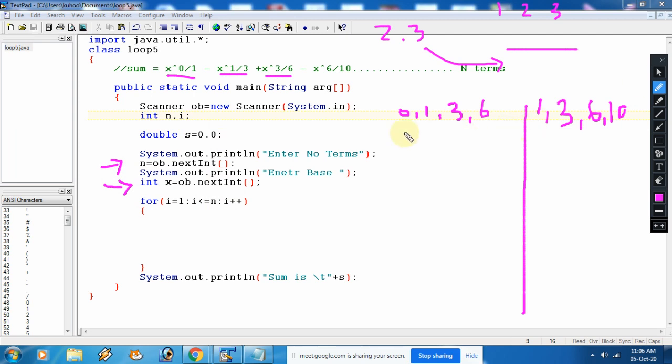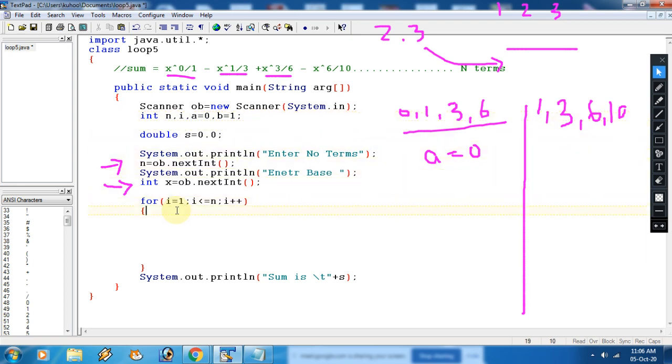So now for generating the numerator part, just take a variable like a equals to 0. So first of all we will declare some variables like a equals to 0 and b equals to 1. b we will use for the denominator, and a we are going to use for the numerator part.